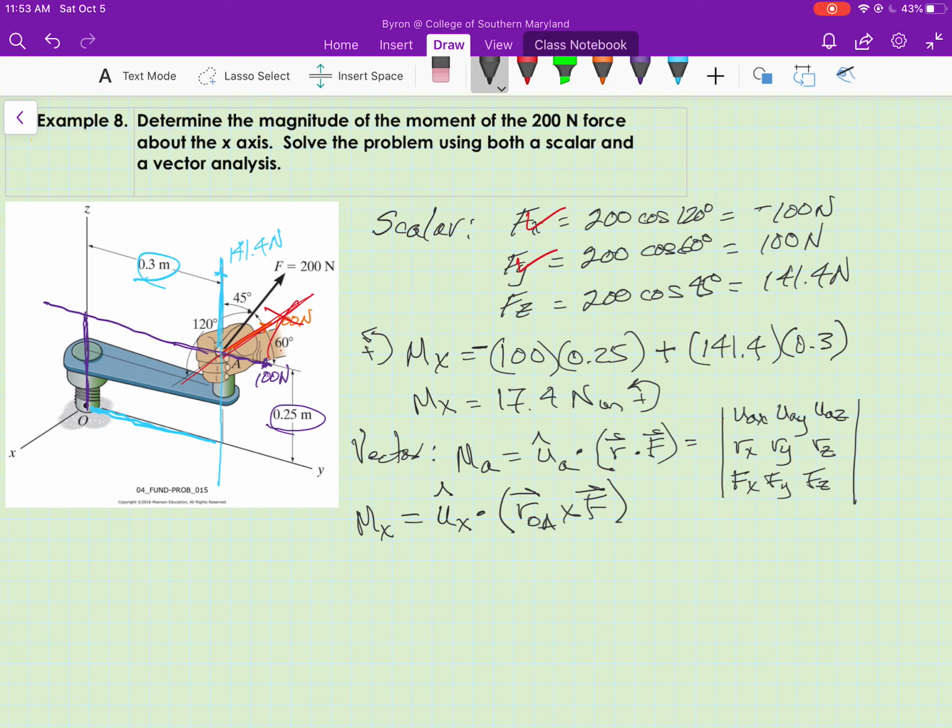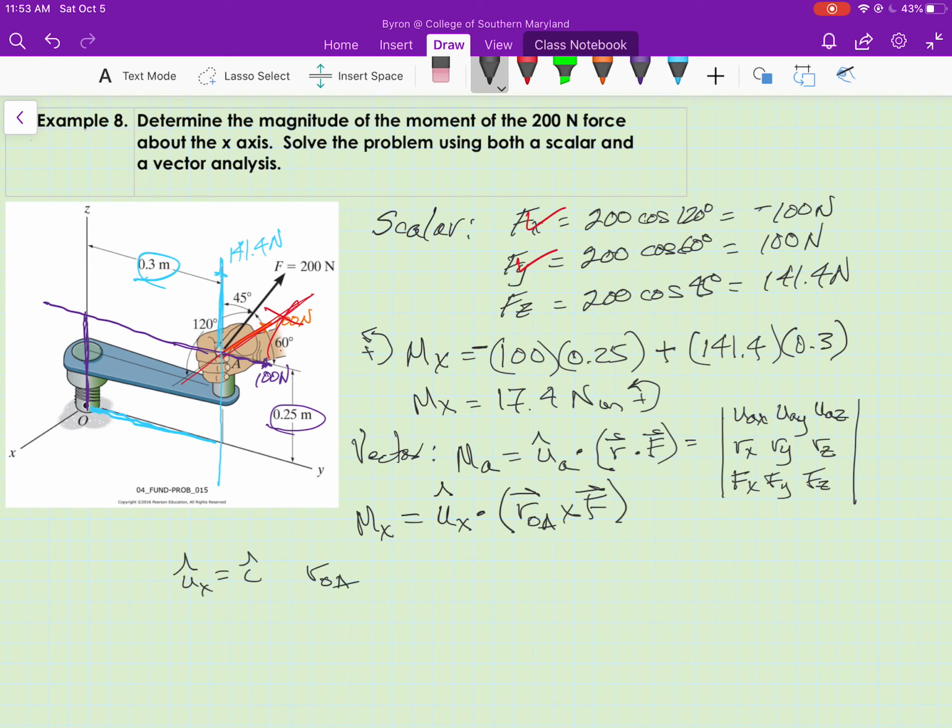Okay, so let's express everything now in Cartesian. So the unit vector along the x-axis is simply i.